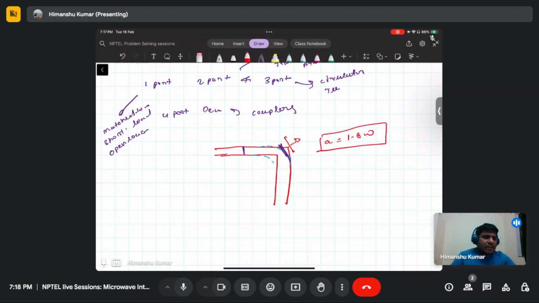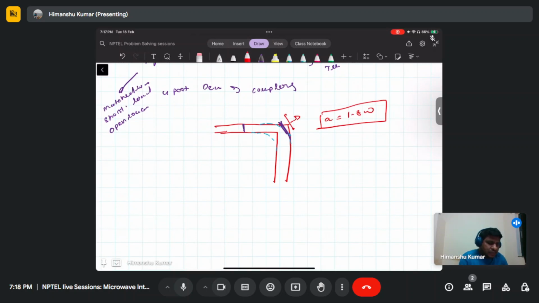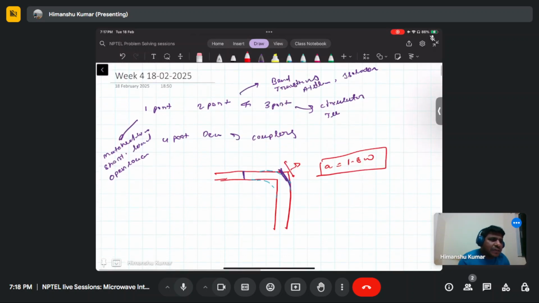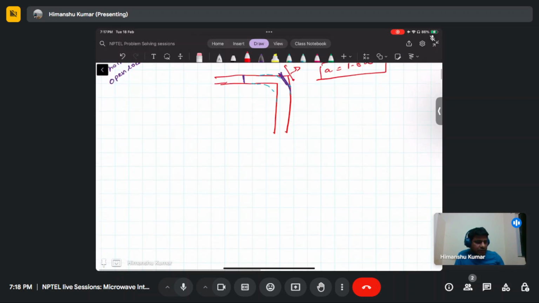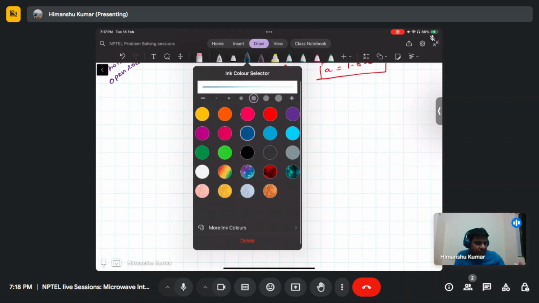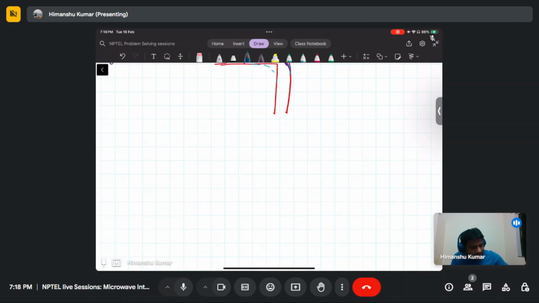Then there are discontinuities. Suppose you are matching different transmission lines. That can be modeled as a two port device. For example, matching a coaxial cable to an SMA cable constitutes a discontinuity.